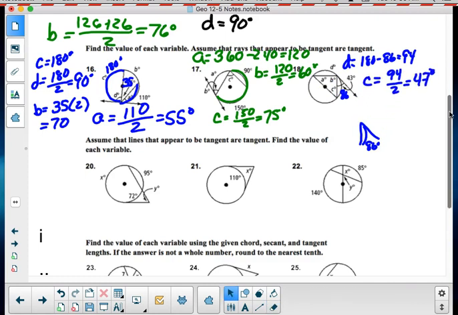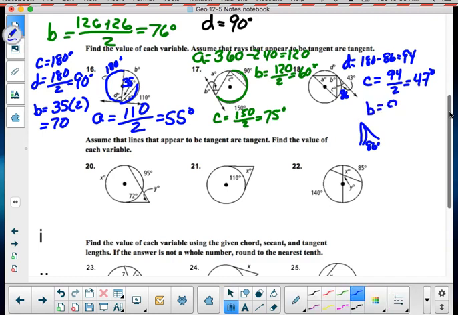I've got D, I've got C. I know B automatically, by definition, is 90 degrees because it's an inscribed angle that intercepts the arc that has the diameter points as endpoints. Now, looking at A, A intercepts that 86 degree arc. So A is 43, because 86 divided by 2 is 43 degrees.